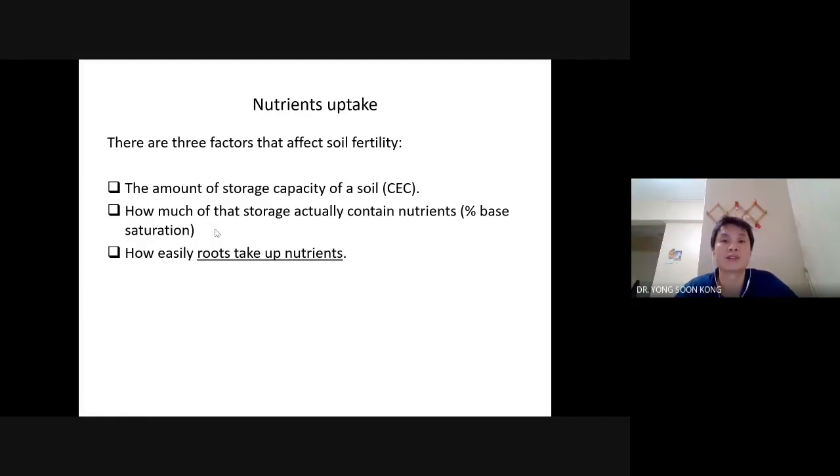Not really, actually. Which is why agronomists, those from agriculture, also have one more parameter. Not only do they want to know CEC, they also need to know percent base saturation. Now, percent base saturation is based on how much of cations that you can leach out from the soil. You see?